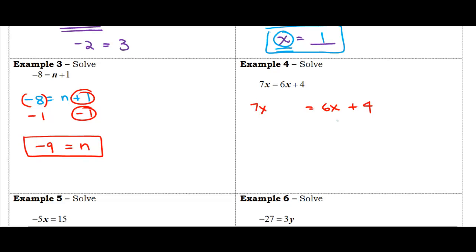Okay? Someone said, oh, divide by 6x. Watch what happens. What's 6 over 6x? 1. And we have 1 plus 4. It's not gone. It became another number. Bad news. On the left side, what's x over x? 1.